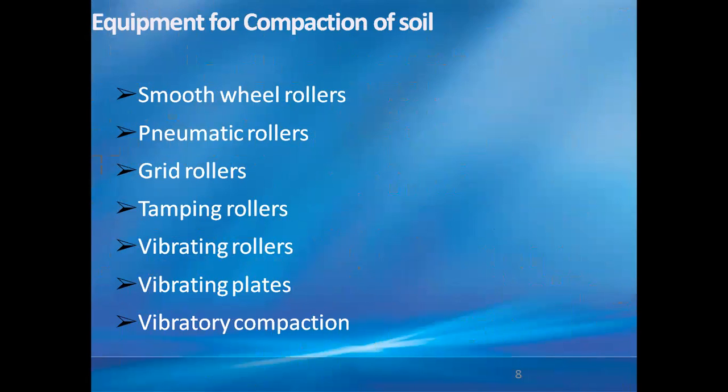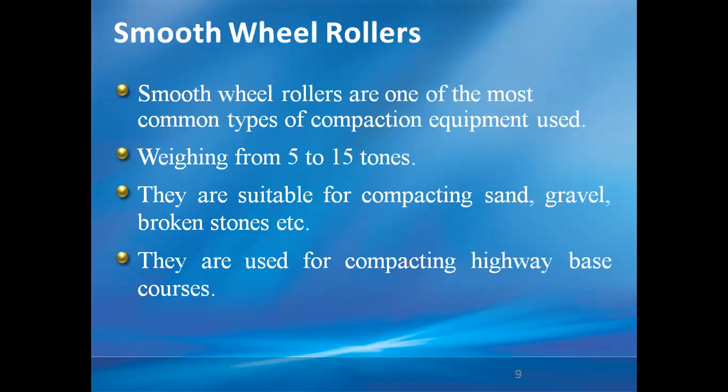For soil, the different types of equipment for compaction are smooth wheeled rollers, pneumatic rollers, grid rollers, tamping rollers, vibrating plates, and vibratory compaction. So these are all the types of equipment for compaction of the soil.